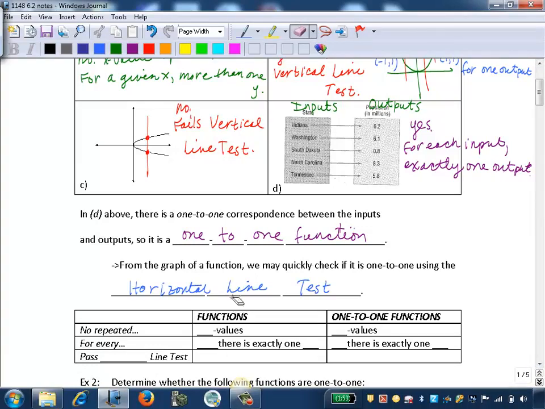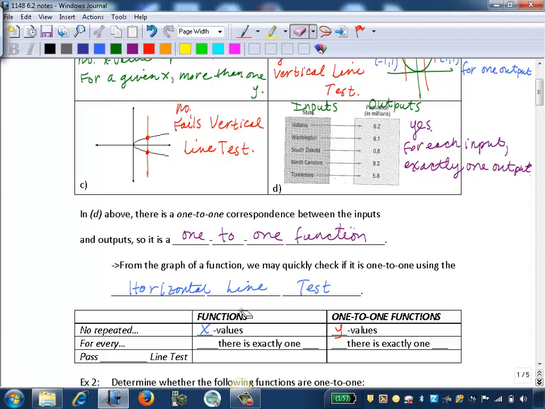So in the second column here, we have determining whether it's a function, and in this third column here we have determining whether it's a one-to-one function. So if we go across here on the left, if it's a function, we know there are no repeated x values. Well, if it's a one-to-one function, there's no repeated y values.